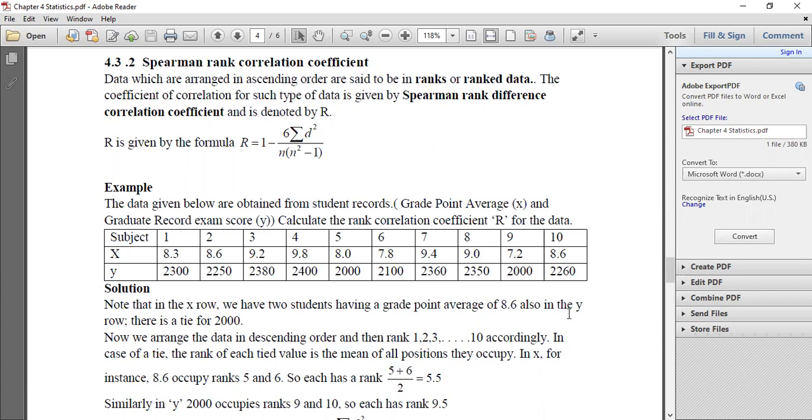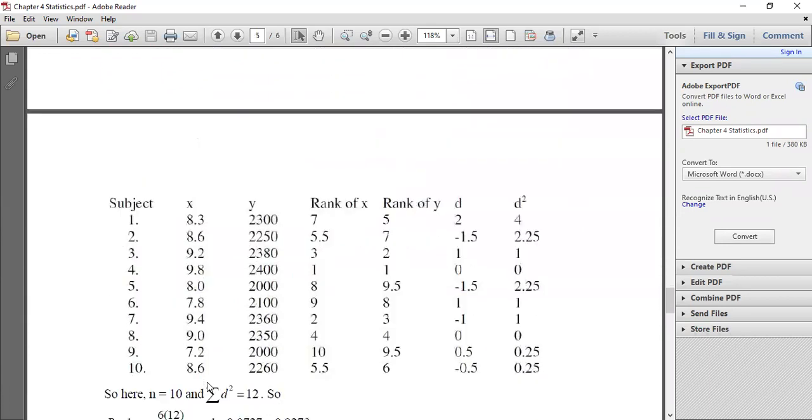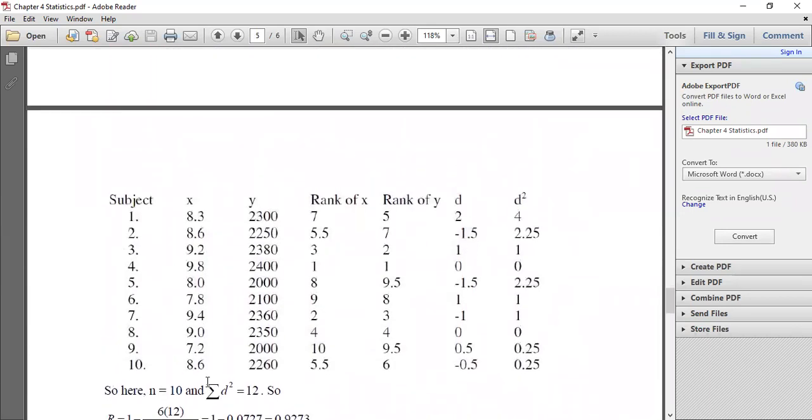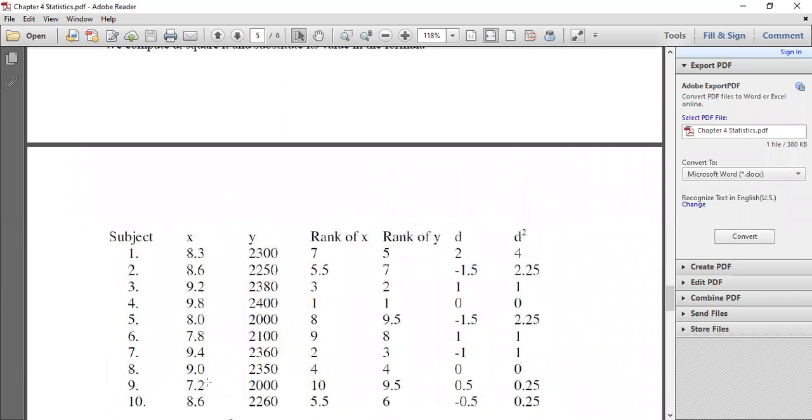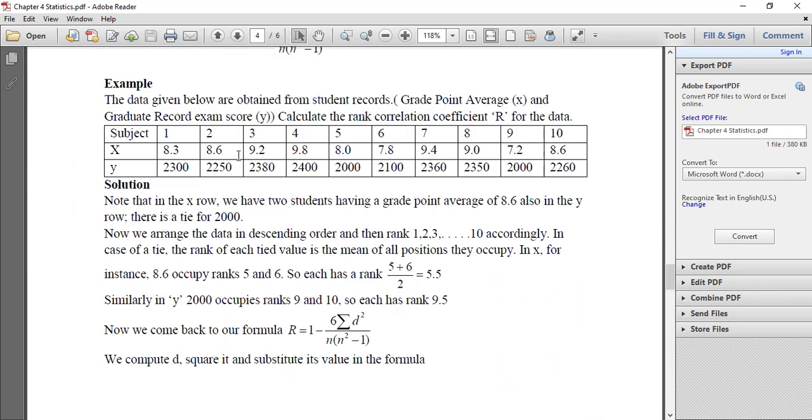Now, what happens when it comes to these statistics? Say, for example, as we rank them, let's just see how we rank this. You can see this table here. So you have X and Y. I have not altered how they are distributed.